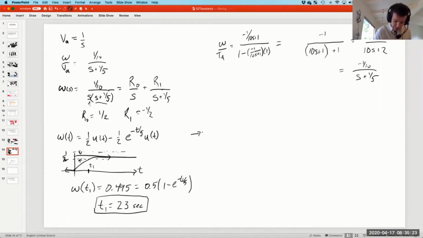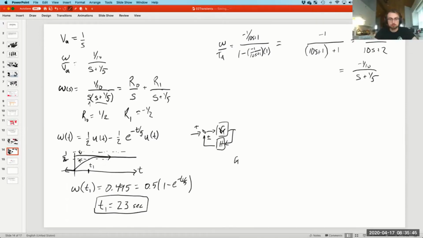The picture from the slide last week was: if there's a G there and an H there, and this was a plus and this was a plus or a minus, then the rule was forward over 1 minus plus GH. So that's the trick: you've got to remember to flip that sign.